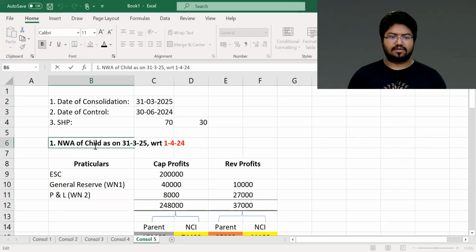Let's begin. Net worth analysis of child as on 31st March 25 with respect to 30th of June 24.